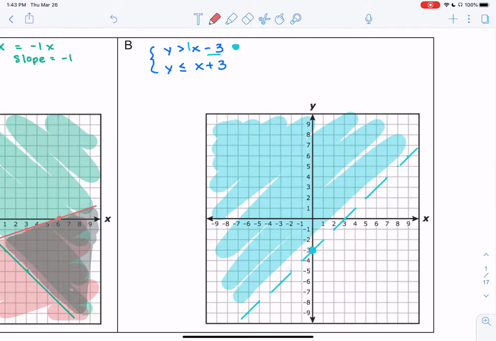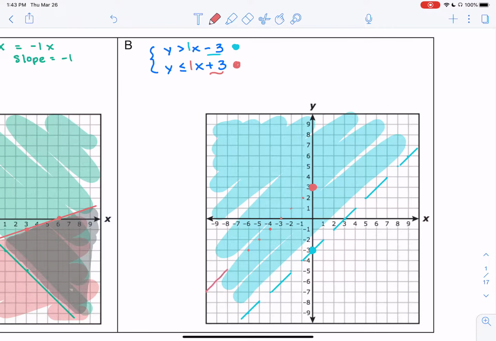Second graph, let me grab my pink tool. And we are starting on the +3 this time. So I'm going to go up here and put a dot at the +3 on the y-axis. And it looks like my slope is another silent 1, okay, which means that I'm actually on the same slope as the graph that we just drew. They look like parallel lines. Okay, now this one is going to be solid.